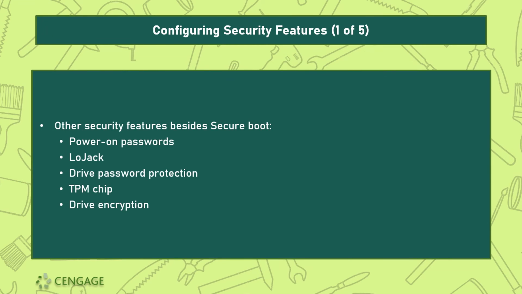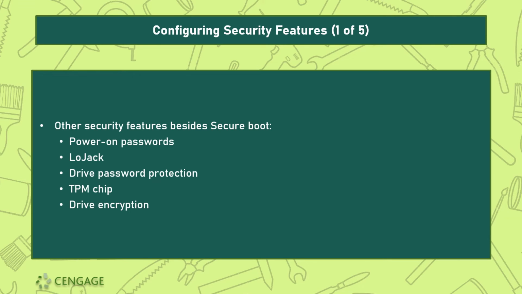Now, some other features besides Secure Boot. Power-on passwords, being able to deal with a password having to be entered when you first boot the machine. LoJack, which can trace a stolen device. Drive password protection, to where a hard drive won't even boot unless you've entered a particular password.